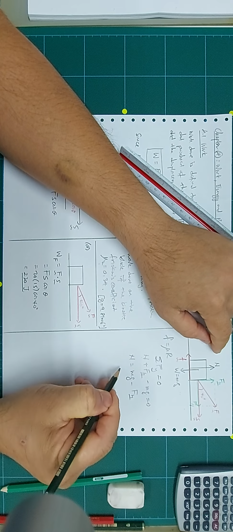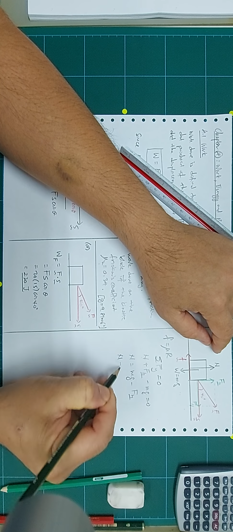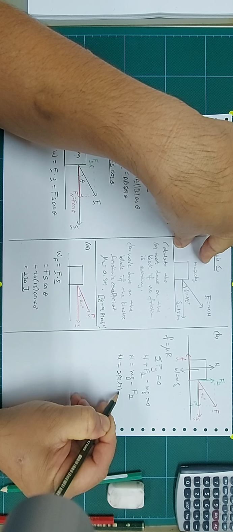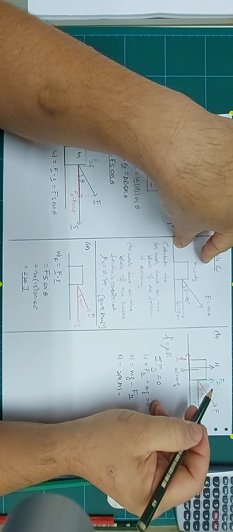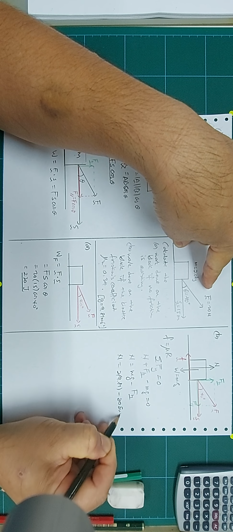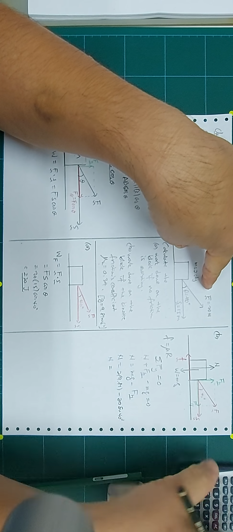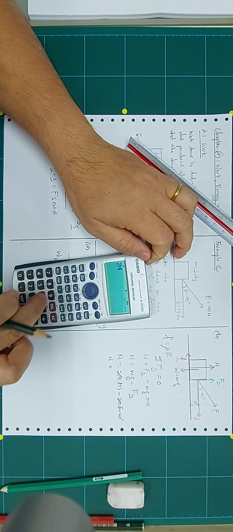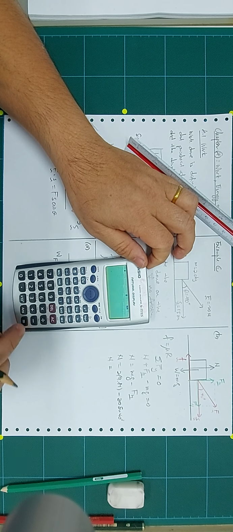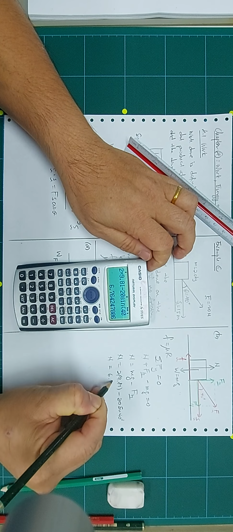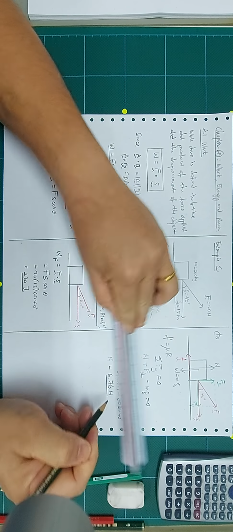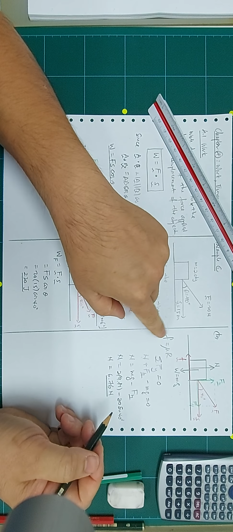First we need to calculate the N. Our N is equal to the mass, 2 times 9.81, and then minus 20 sine 40. So we have 6.76 Newton. That is our normal reaction which you're going to use for this friction.